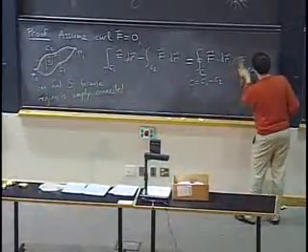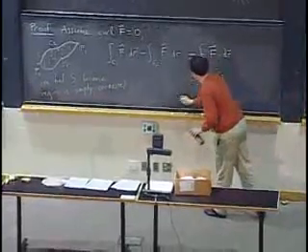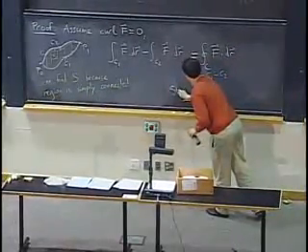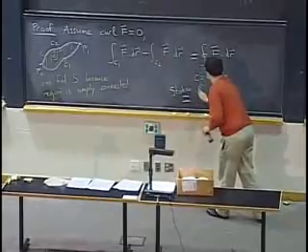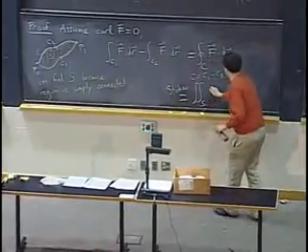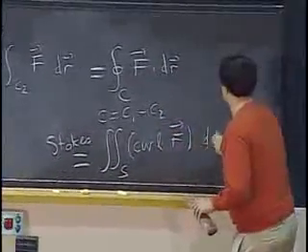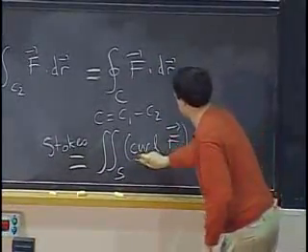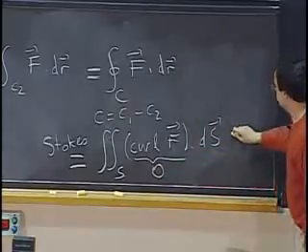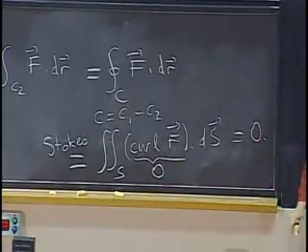Except it won't fit here, so instead I will do that on the next line. That's equal by Stokes to the double integral over S of curl F dot n dS. But now the curl is 0, so if I integrate 0, I will get 0.